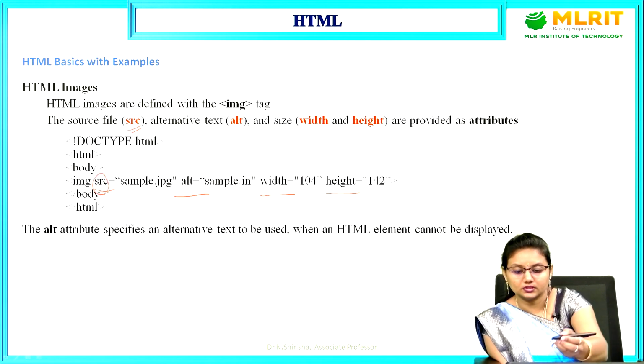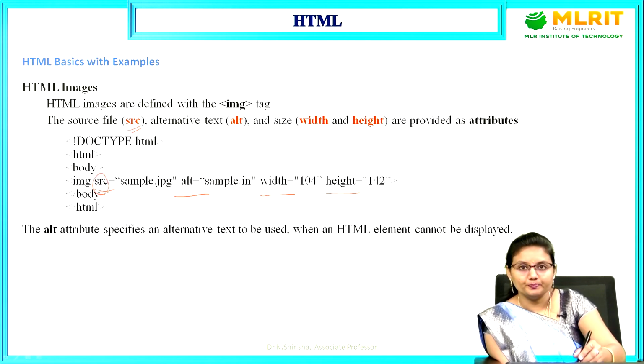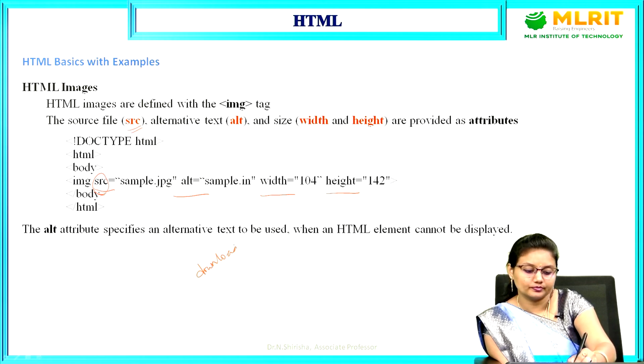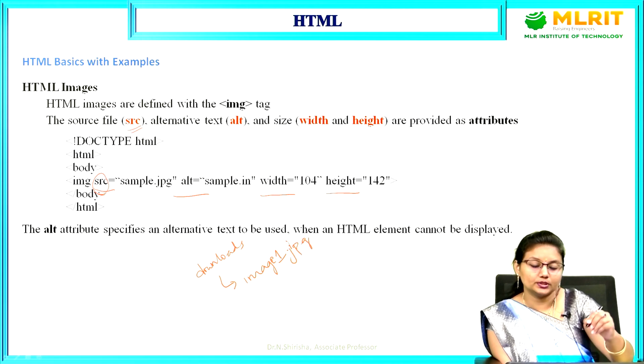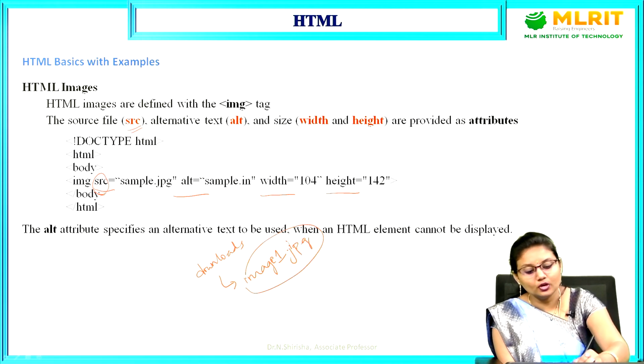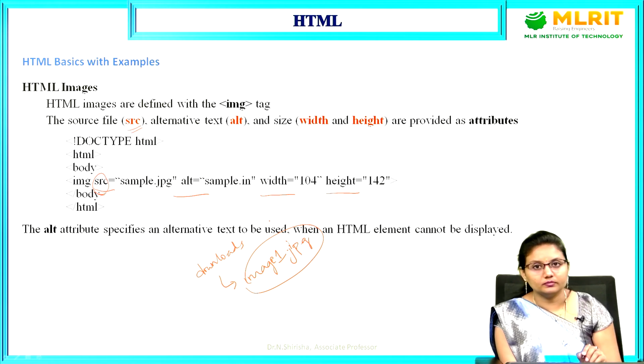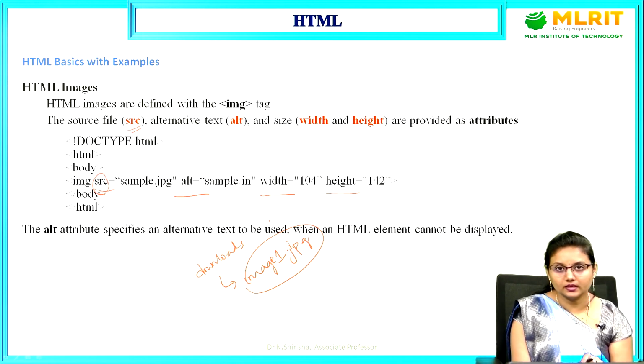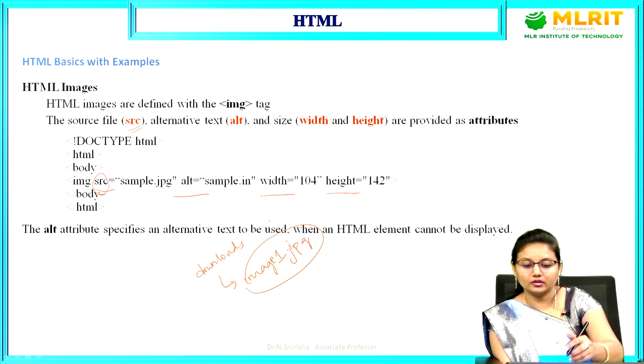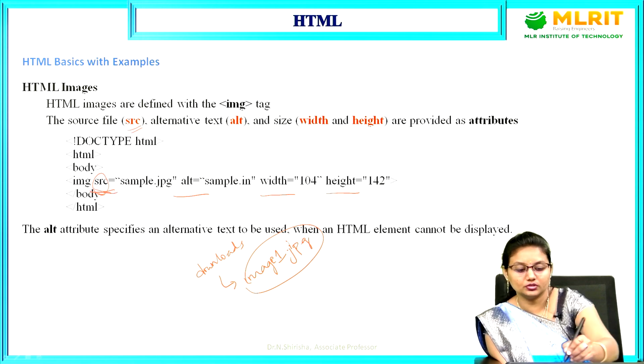What is source? In your local system, you have, say, in downloads, something like image1. This is a file name I am just giving roughly. So you have some JPEG format, JPG. This you have to load into your program, then only you can see it in the output. So how can you load it? Using your source attribute. So here sample.jpg is written.